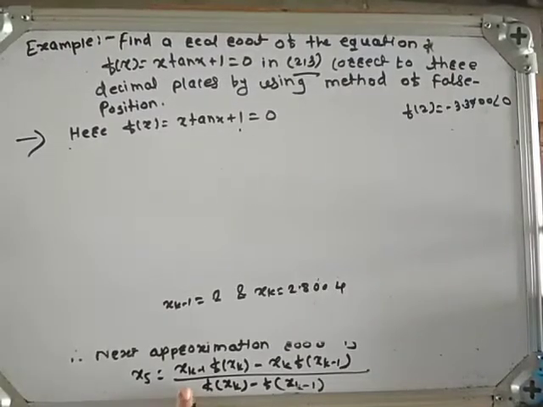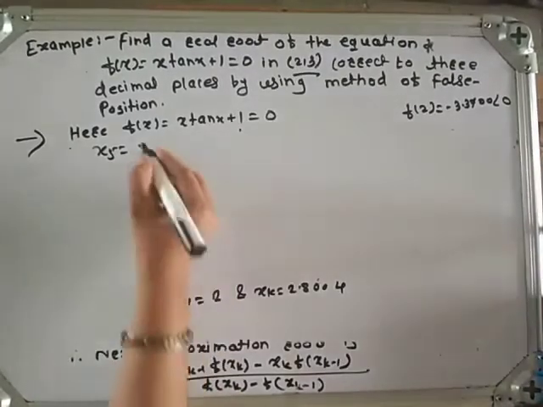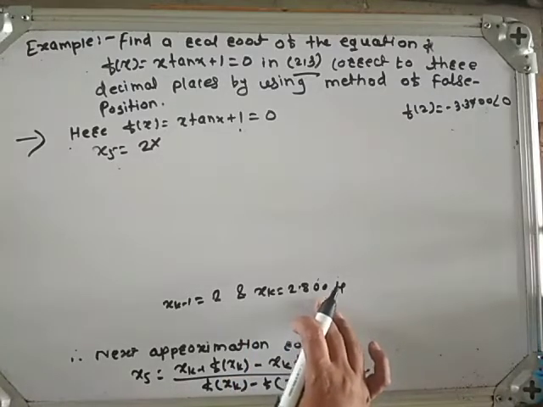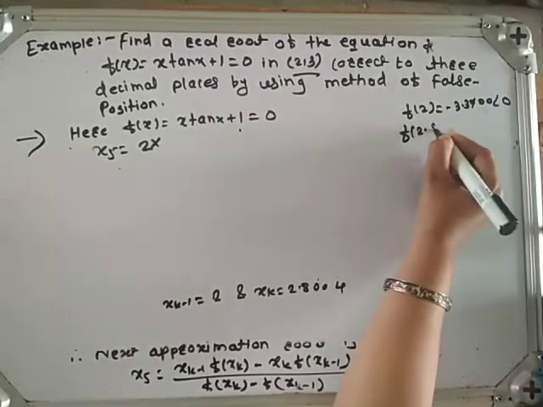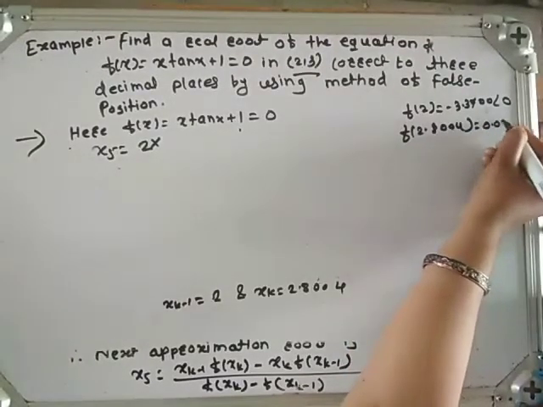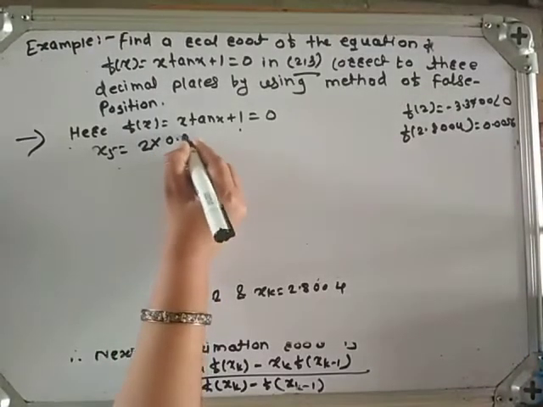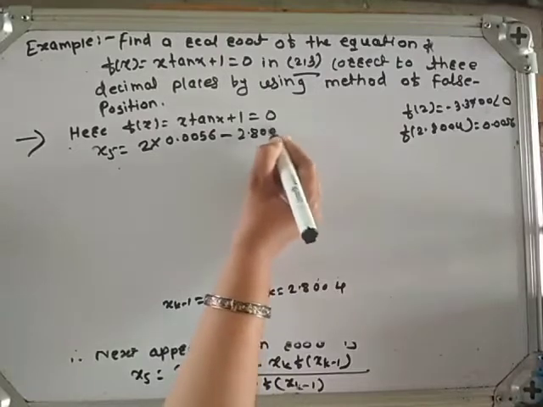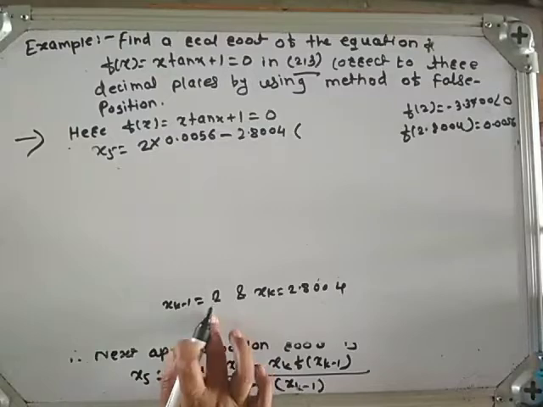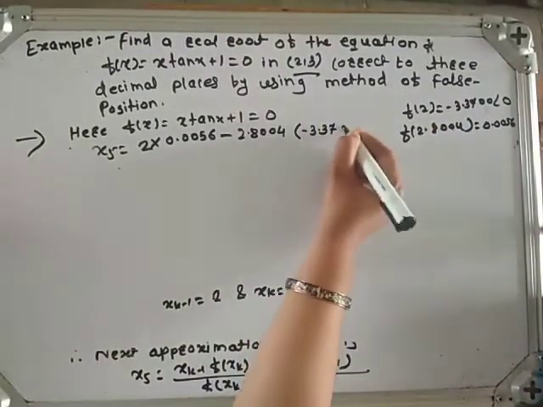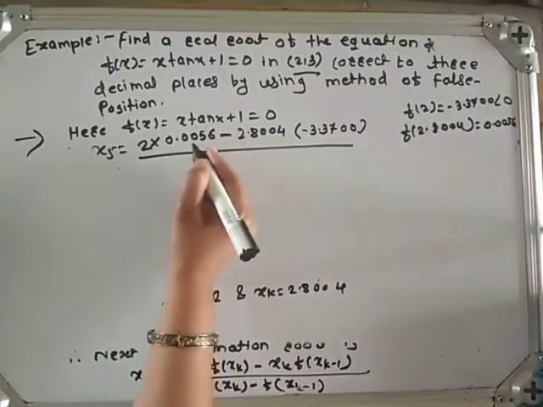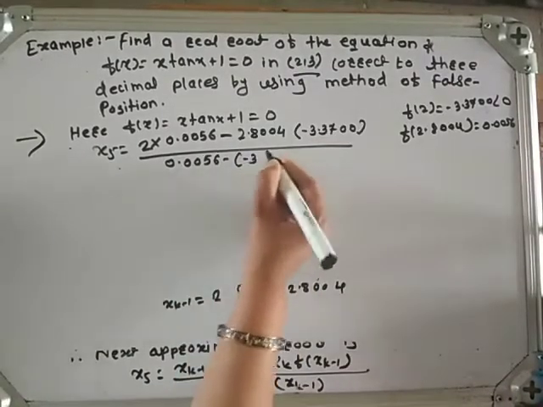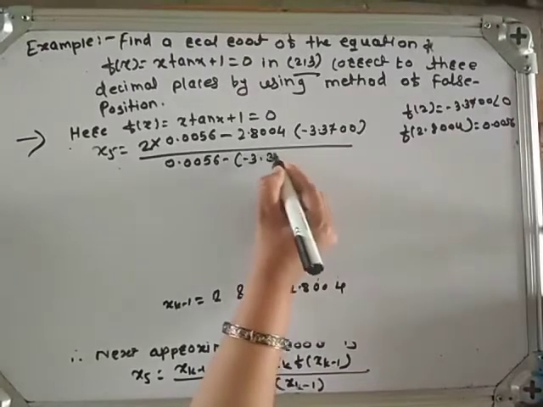Therefore x5 is equal to 2 into f of 2.8004, which is 0.0056, minus 2.8004 into f of 2, which is minus 3.3700, upon 0.0056 minus this value minus 3.3700.